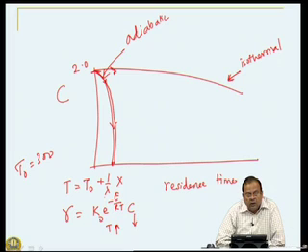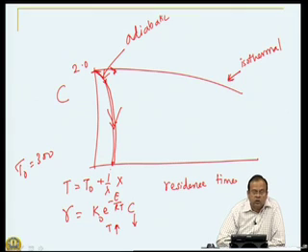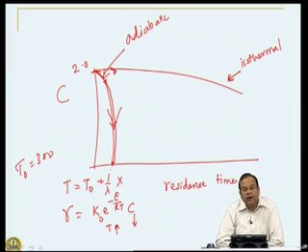So, as the temperature increases, the rate increases, as rate increases, concentration decreases, and the decrease in concentration further increases the temperature, leading to almost a runaway reaction, that is, the consumption of the reactant is almost infinitely fast if this reaction is to take place in an adiabatic reactor.